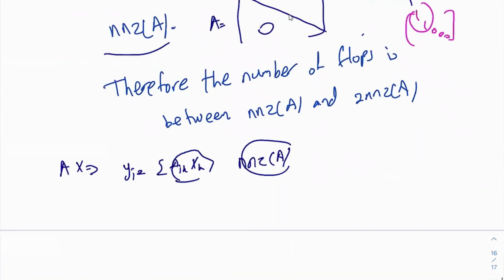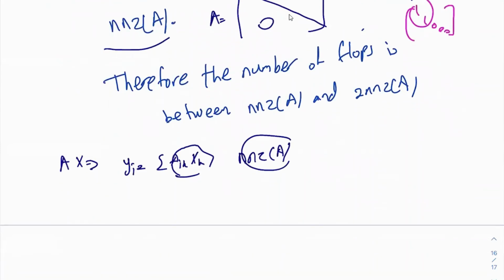So if you consider the general case that we have the number of non-zero elements of A to be nnz of A, then for yi, the sum of aik times xk is either 0 flops, because the whole row is 0, or at most 1 flop.